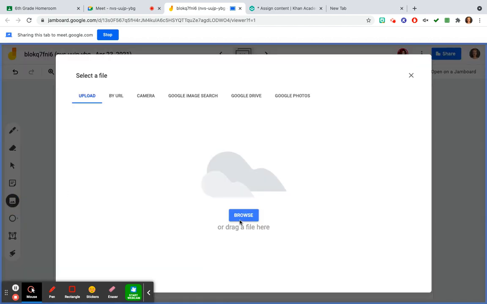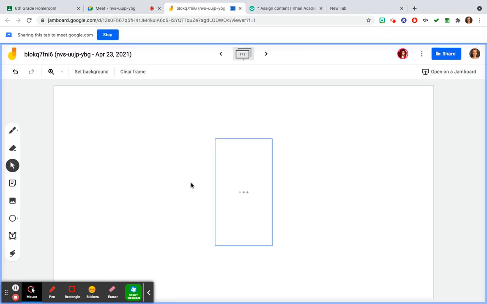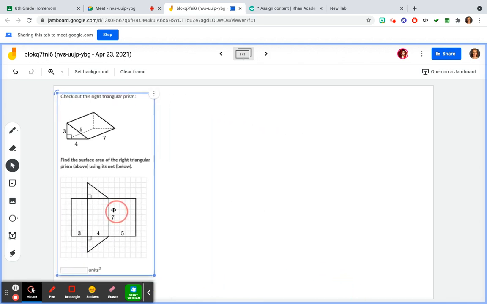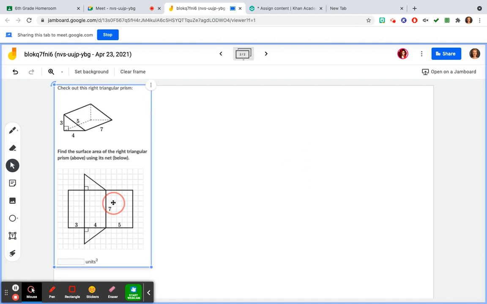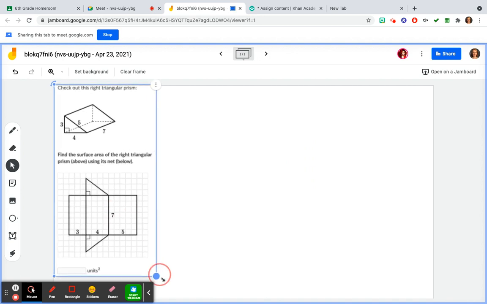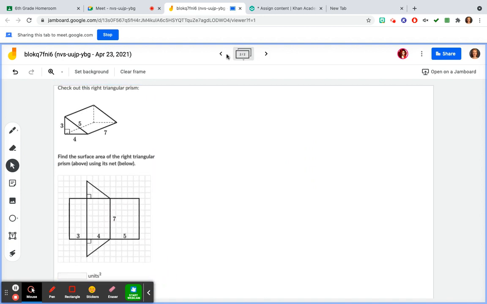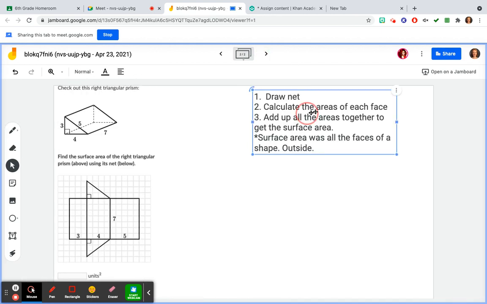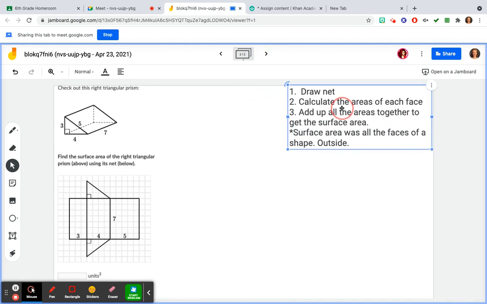Surface area using nets again. And our net's already been drawn for us.